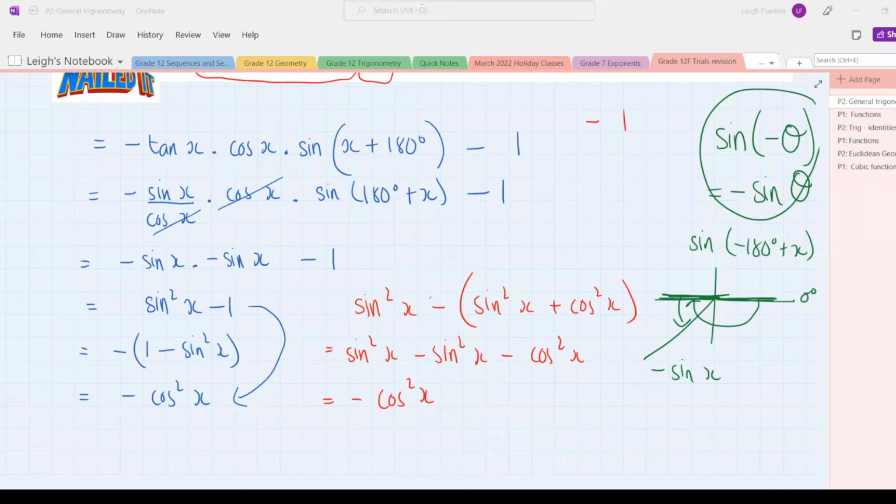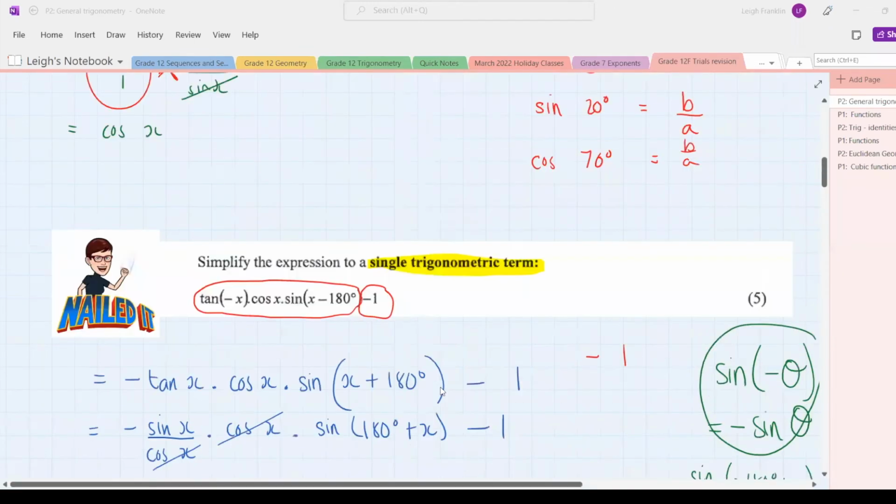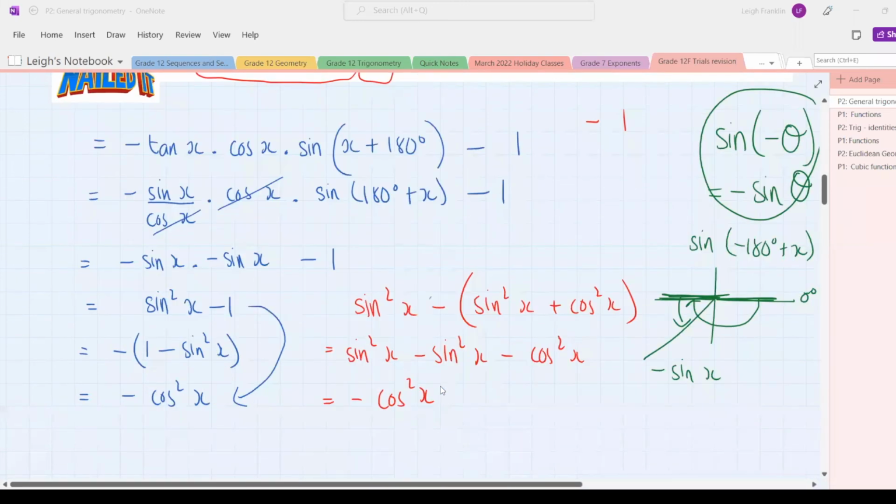Okay, so that's another way of being able to do it. But again, at matric level, you should be comfortable with taking a negative out of a bracket, the signs of the terms inside changing, and then substituting. I think from the red down is probably a little bit easier.